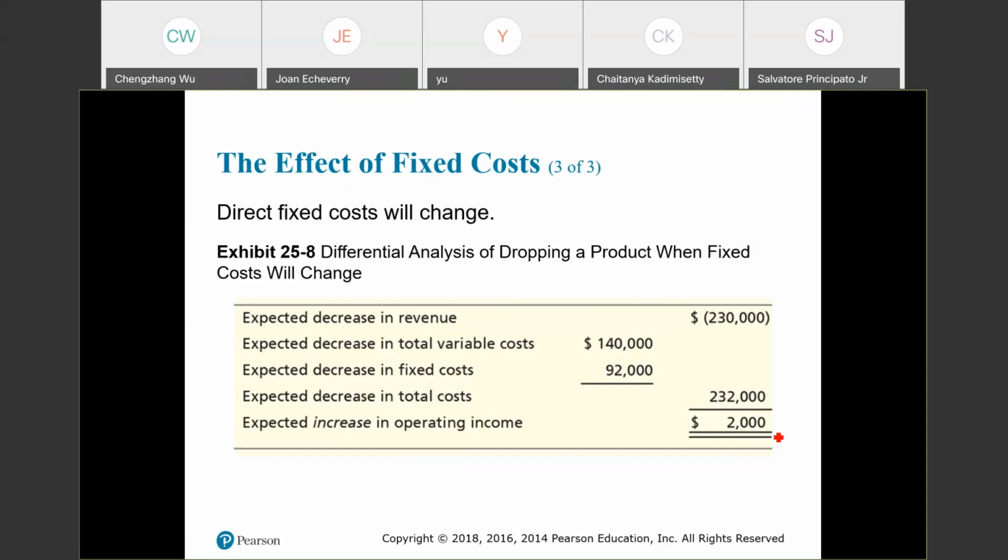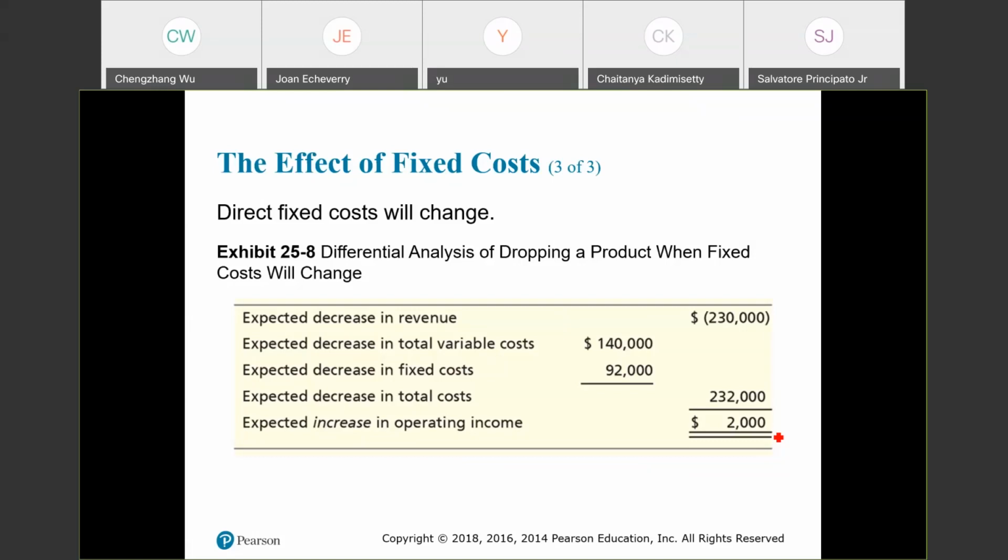So in this situation, $92,000 of fixed costs that belong only to premium tablets will be saved. These would be direct fixed costs of premium tablets.